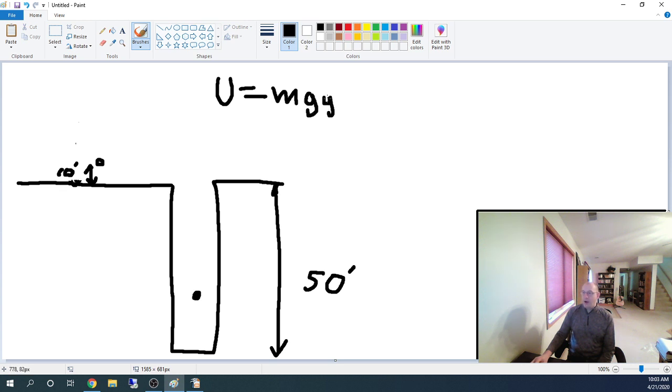Anything with a larger y will have a larger gravitational potential energy. So the first thing you do when you're dealing with gravitational potential energy, or potential energy in general, is set where your zero potential energy is. For the sake of argument, I'm going to say y equals 0 is the ground.